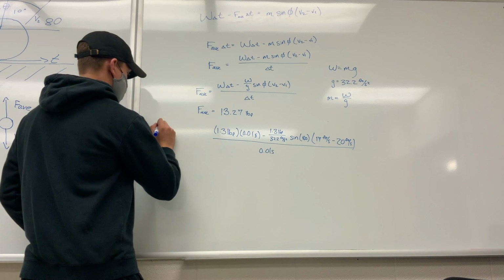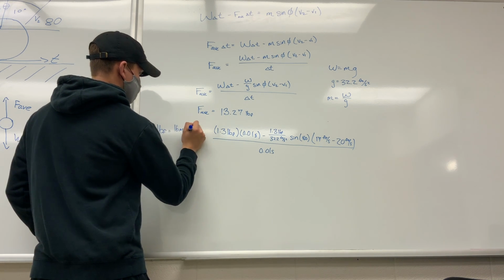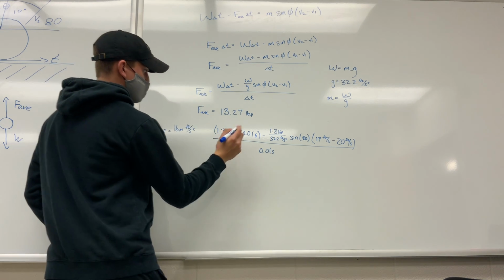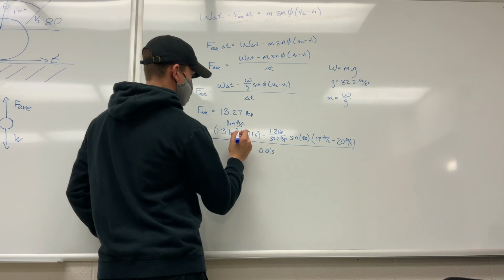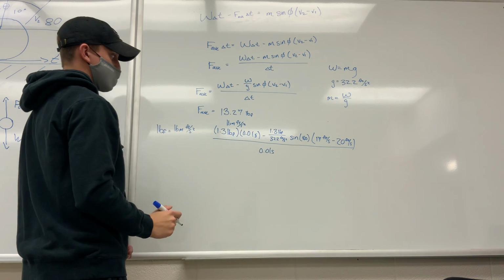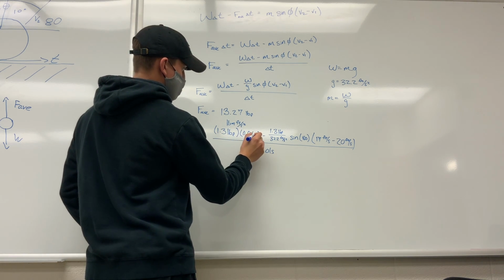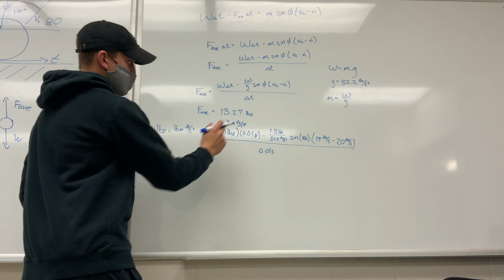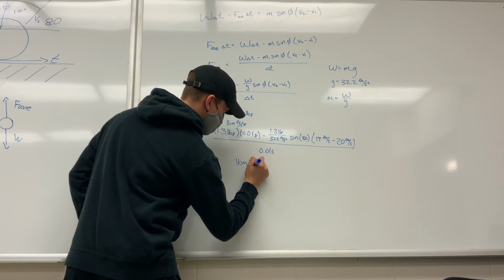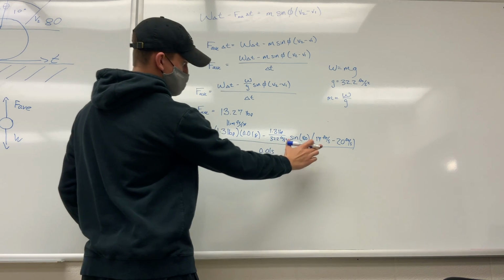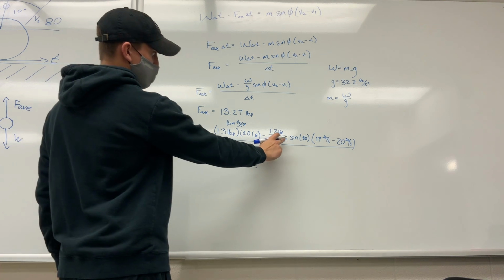So I'll show you unit-wise. We know that a pound force is the same as a pound mass foot per second squared. So this pound force is the same as pound mass foot per second squared, and that's being multiplied by another second. So this left piece, these seconds cancel, ends up being pound mass feet per second. And this right piece, pound force is a pound mass foot per second squared, and we're dividing it by a foot per second squared.